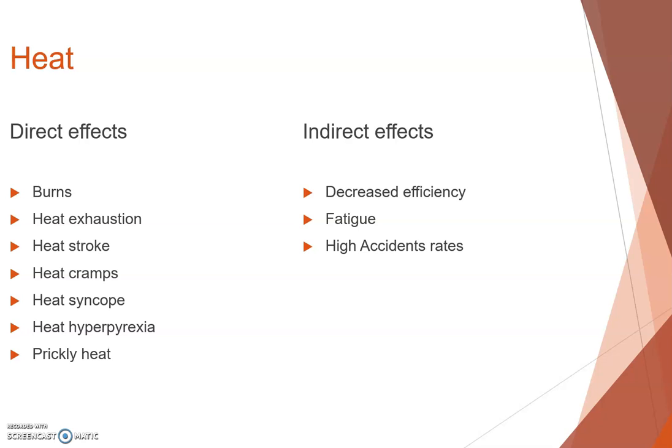The indirect effects of high temperature or heat can be decreased efficiency, increased fatigue, and high accident rates. So these are the important hazards a worker can have if he is exposed to high temperature.